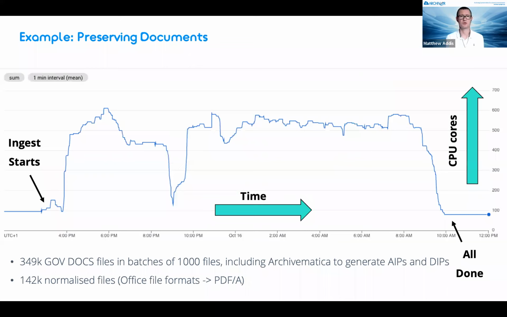And the system will automatically scale up, apply file format conversions, and we use an extended version of Archivematica to do that. And we can achieve high throughputs that way. So this example shows how we preserved about 50,000 Office documents of various types, including generating PDF/A preservation copies in about 18 hours. Again, resources are only consumed when they're needed to reduce the costs and carbon footprint.